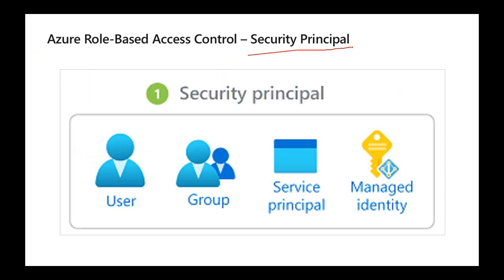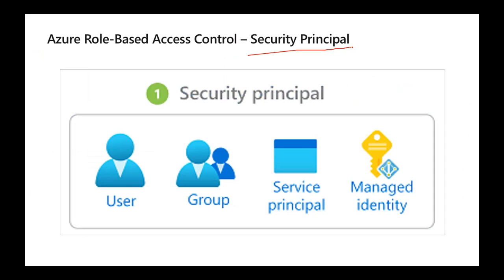maybe this application needs to perform changes in our resources, but how can we assign this privilege to perform the required actions?